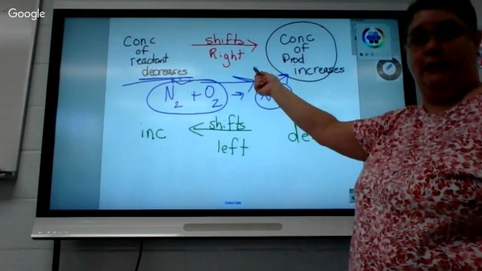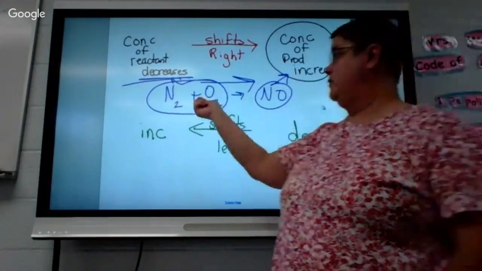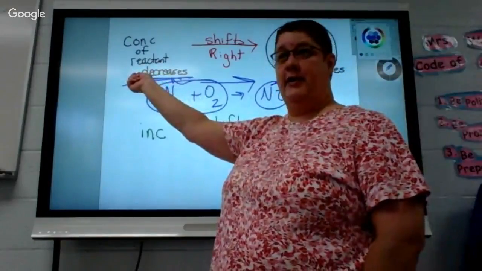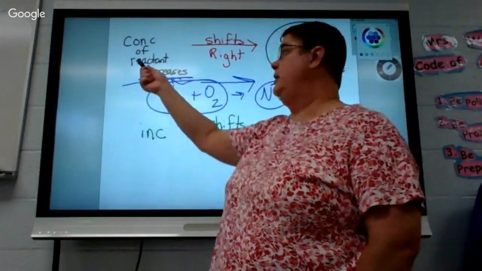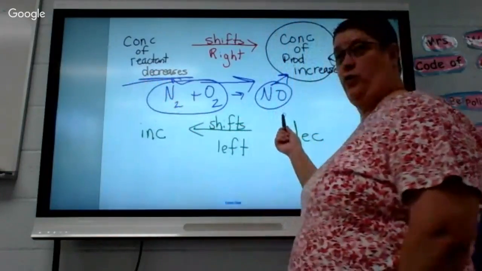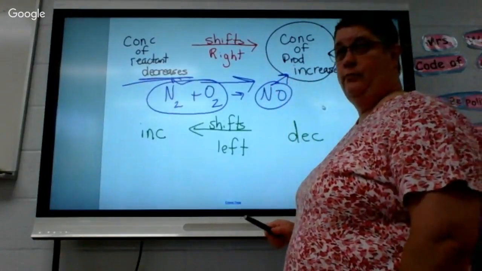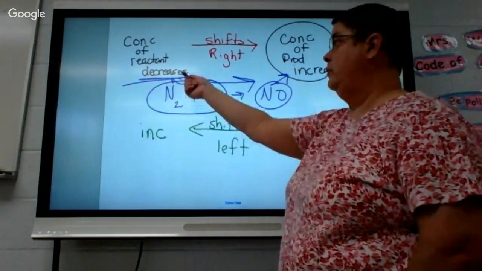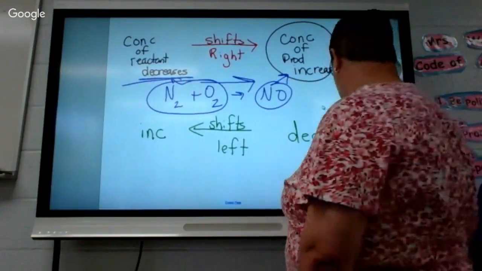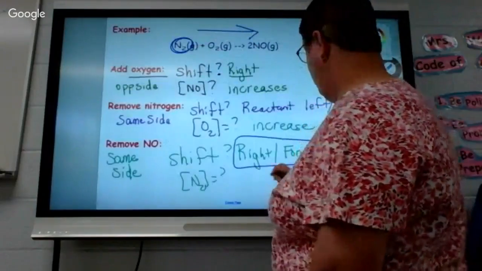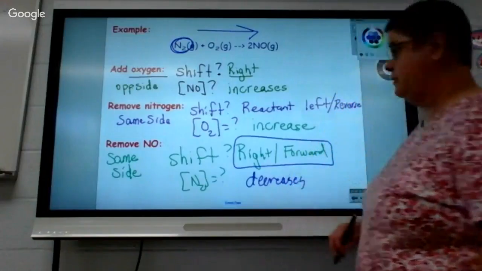Whatever's on the right increases. Whatever's on the left decreases. Because N2 is on the left, it decreases. So over here, I'm going to write decreases.